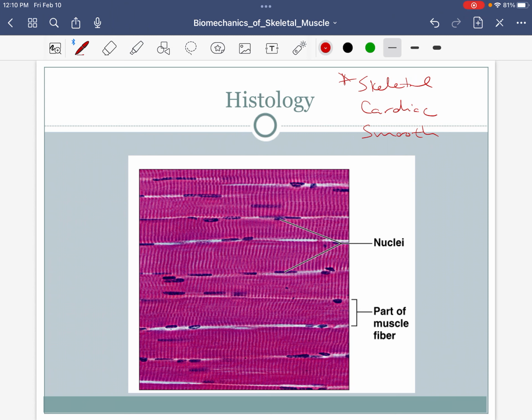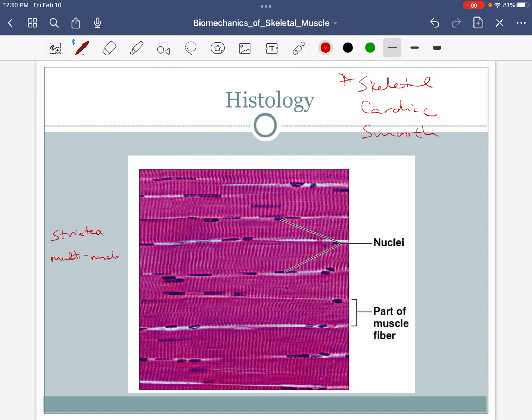This is what skeletal muscle looks like under a microscope. I'm hoping you've seen this before, folks. I'm going to point out some important characteristics right out of your notes. If you look at skeletal muscle tissue, it's striated. Vertically, when you look at this vertically, you can almost see white vertical striations, white lines like zebra stripes. That's a very important structural characteristic.